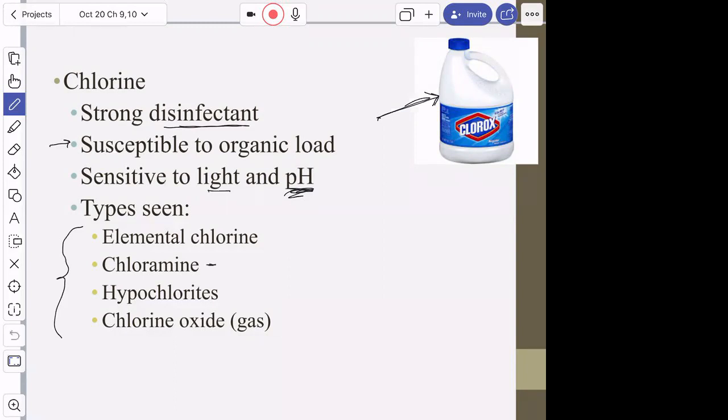Chloramine is actually also sometimes used in water treatment. It's a liquid form of chlorine and ammonia. So you may have heard somebody telling you at some time, never mix your cleaning products. If you mix bleach with ammonia, that gives a toxic vapor that can kill you.